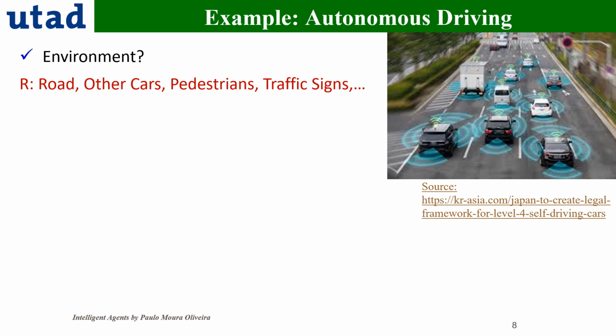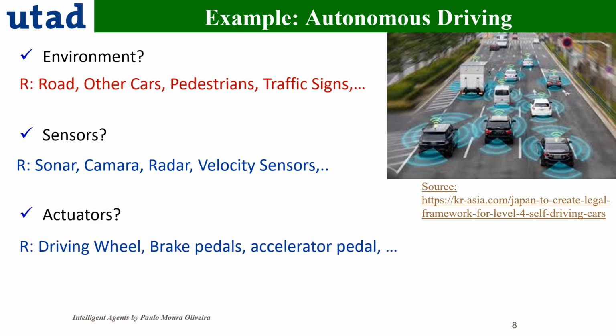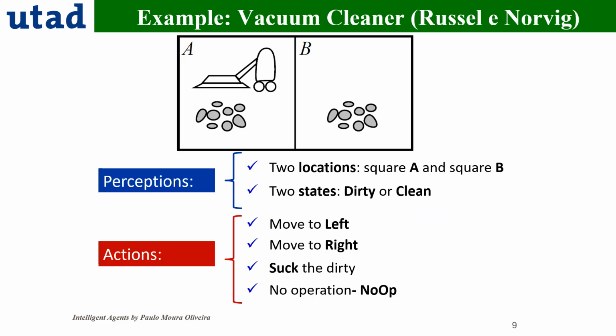In this example, the environment is defined by the road, other cars, pedestrians, traffic signs, and animals that may appear. Sensors can be sonars, cameras, radar, velocity sensors, etc. And actuators are the driving wheel, the brake pedal, the accelerator pedal, etc.